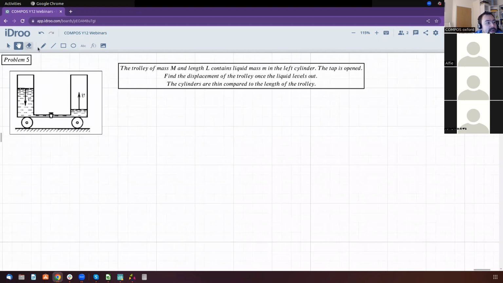Okay. Now this is not exactly a conservation of momentum problem. It used to be, but I've simplified it a little bit. The question was, when the velocity of the surface of the liquid is v, find the velocity of the trolley.